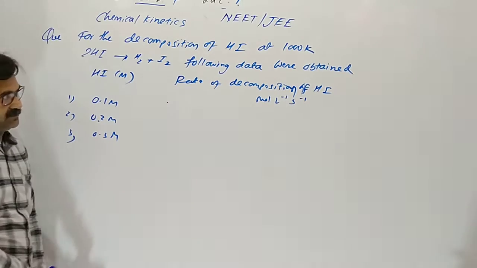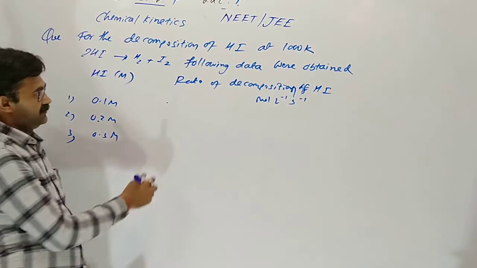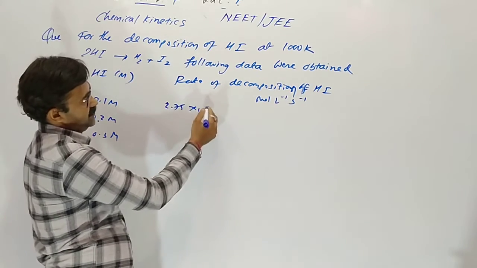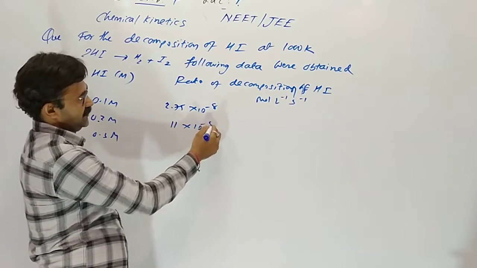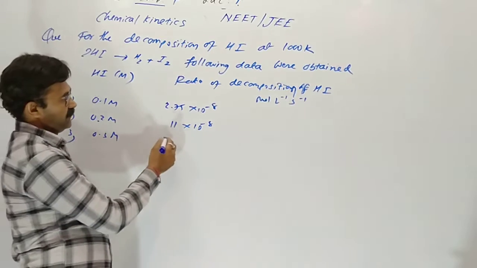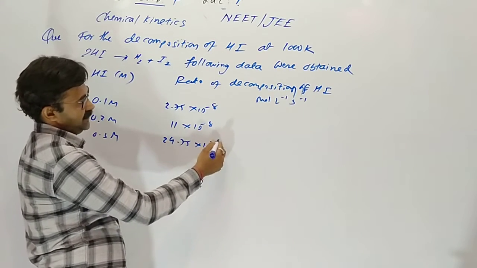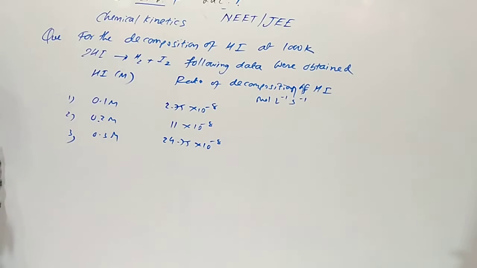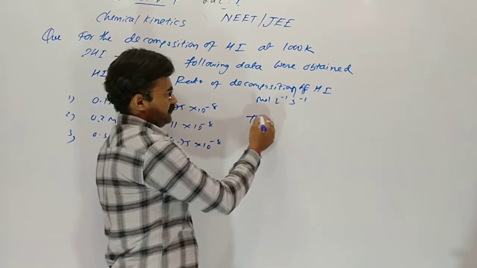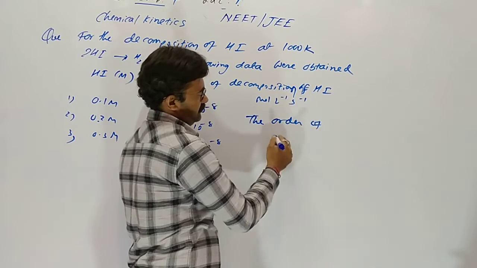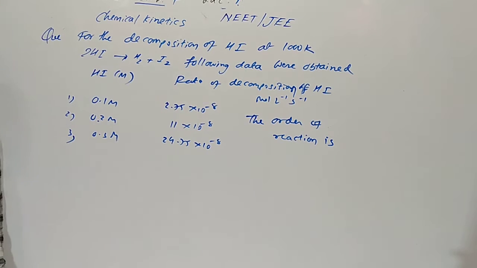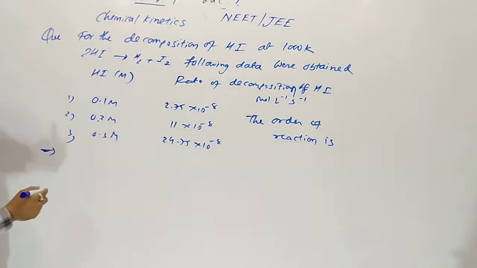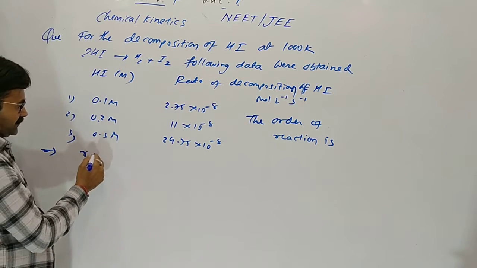Now the rate of reaction with reference to HI: 2.75 into 10 raised to minus 8, then 11 into 10 raised to minus 8, and 24.75 into 10 raised to minus 8. The order of reaction is which one: 1, 2, 3 or 0? First we have to take the rate equation.